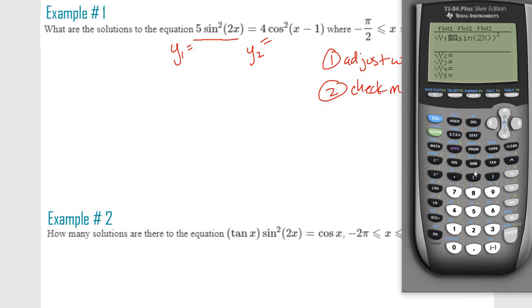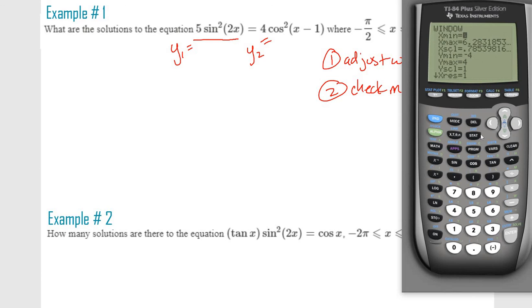So insert, I just like to be safe, put parentheses. It's supposed to be 5 times sine squared. Okay, that's the first one. And the next one is 4 times cosine x minus 1, squared.